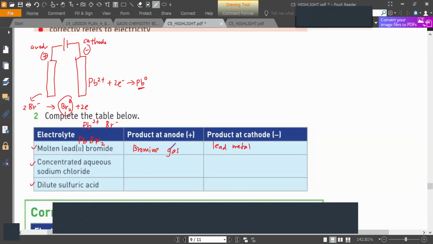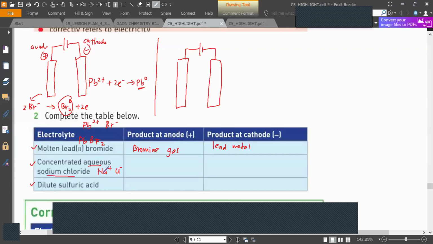Concentrated sodium chloride. Okay, so again, we can analyze. Sodium chloride, two ions, aqueous solution.